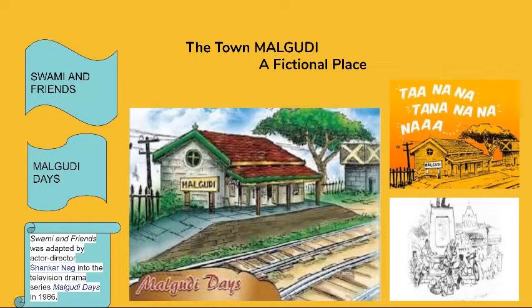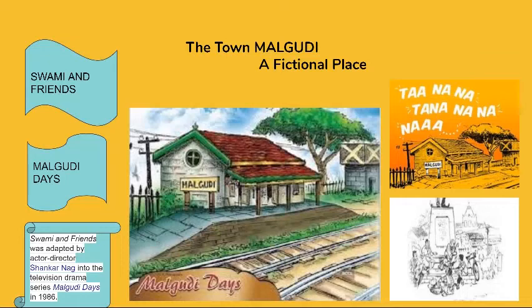As pointed out earlier, it is a fictional place in South India, and it is akin to Thomas Hardy's Wessex. In the center, you can see the famous railway station of Malgudi, and there are some pictures which are related to the television serial which used to come about Malgudi days.